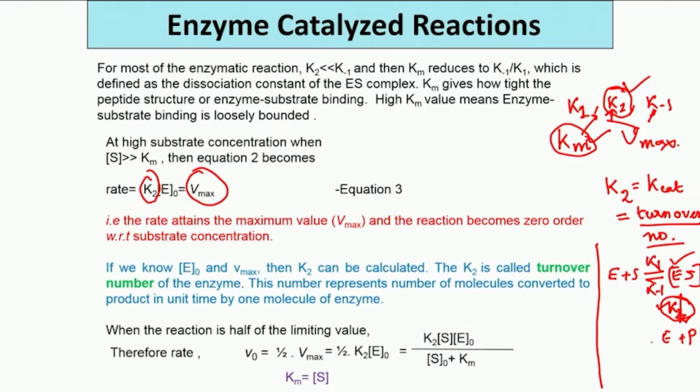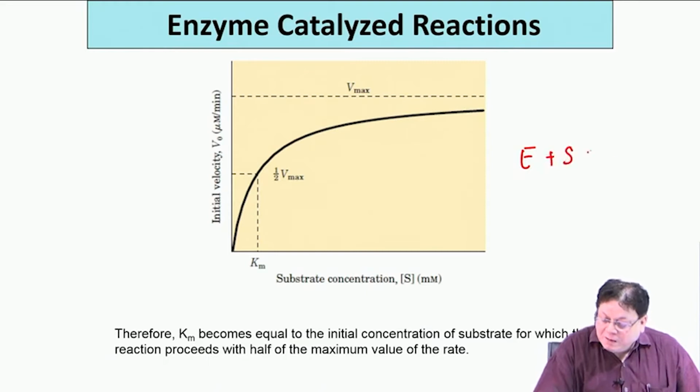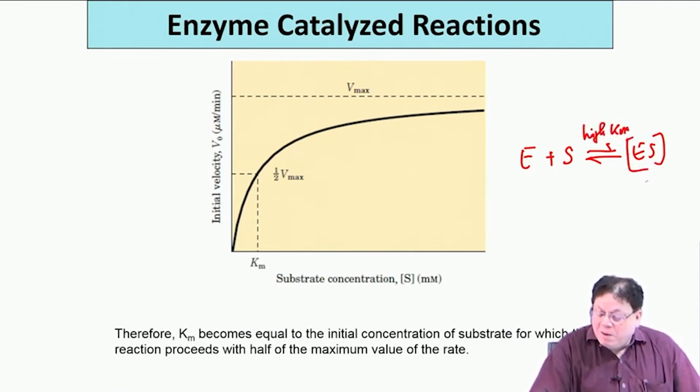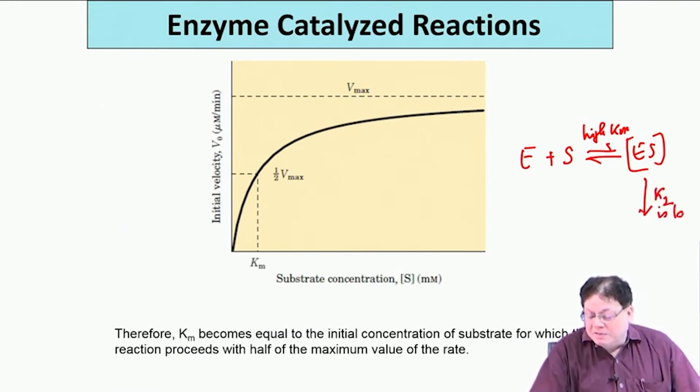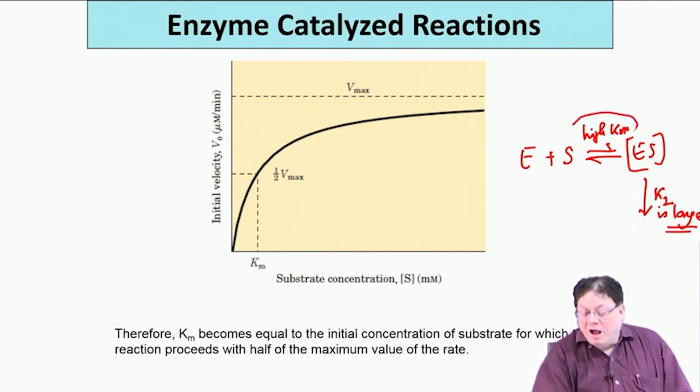Now, this is interesting. Suppose some enzyme has a very high Km value, but its k2 is also very high, k2 is large. That means it has a large turnover number, but it has a high Km also.